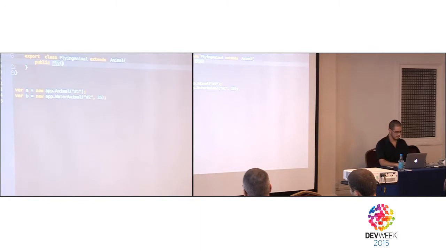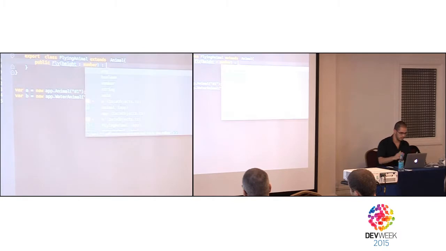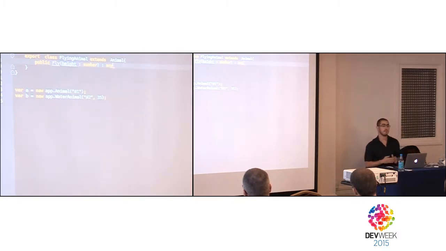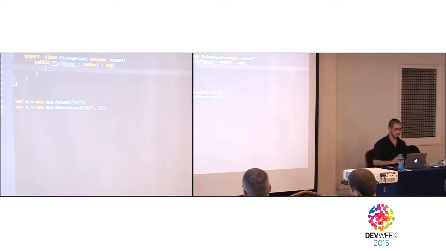And fly gets the int and the height, great, int height, yeah. Height dot number, and it's returning, let's say any. Any actually means like an object. Yeah, you can pass anything you want. Great, wonderful. So this is the flying animal.